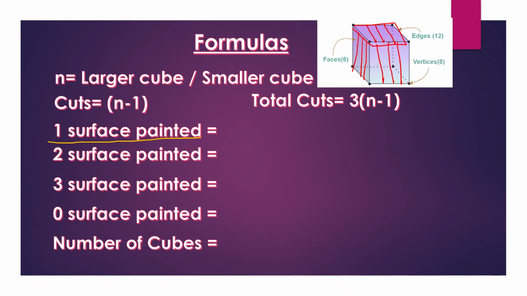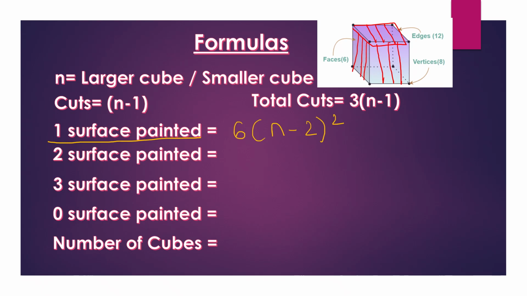So for that also formula is there. When one surface is painted, it is n minus 2 the square into 6. Why? Because 6 faces are there in a cube. So 6 into n minus 2 the whole square. This is when one surface is painted.